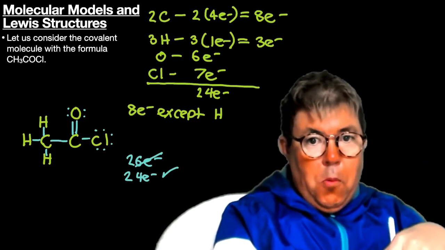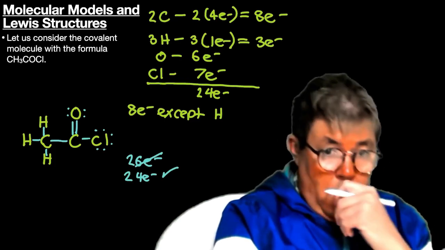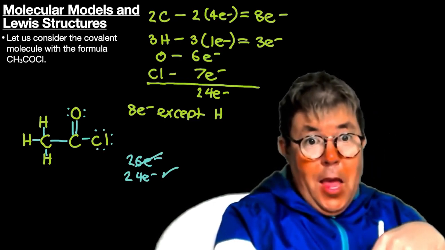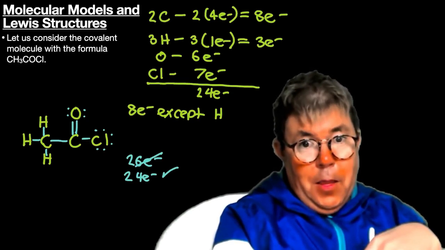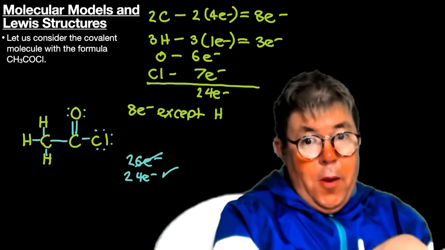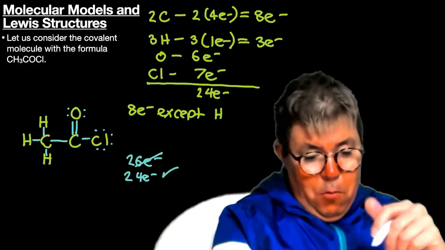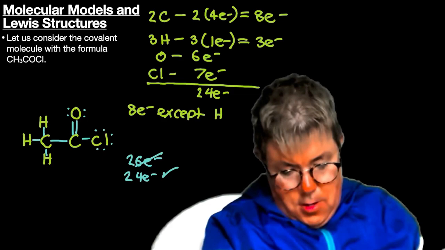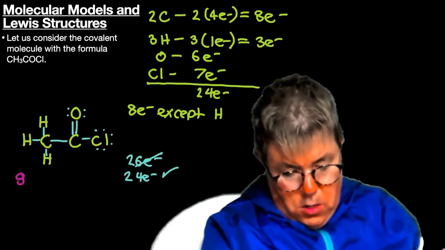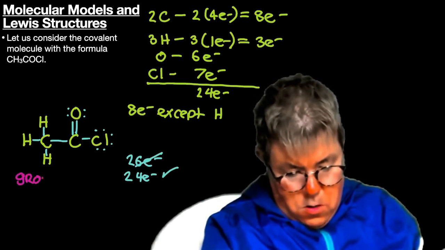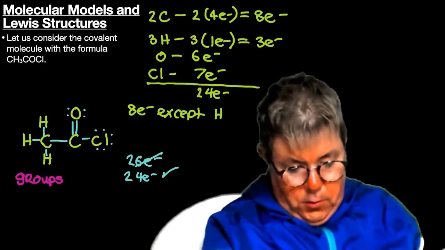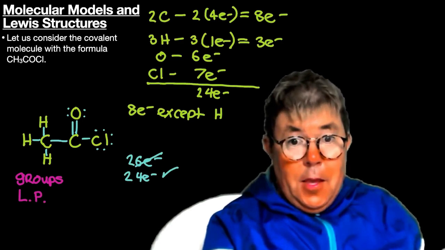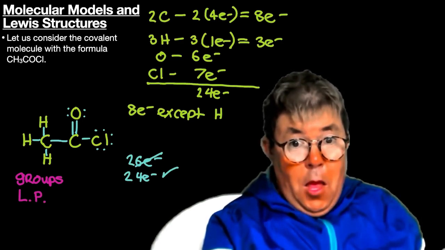So now what do we want to do? We want to come up with the name and then build the model. So before we can come up with the name, we are going to want to count the groups, and we want to count the lone pairs around the central atom.